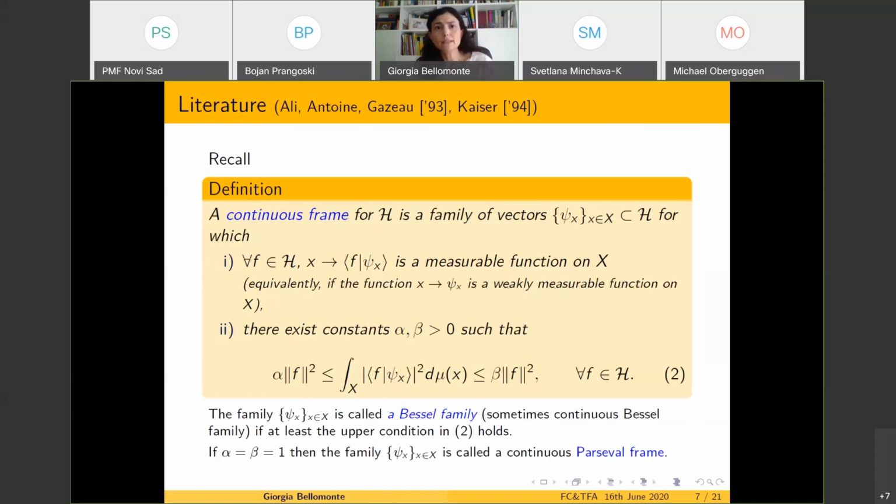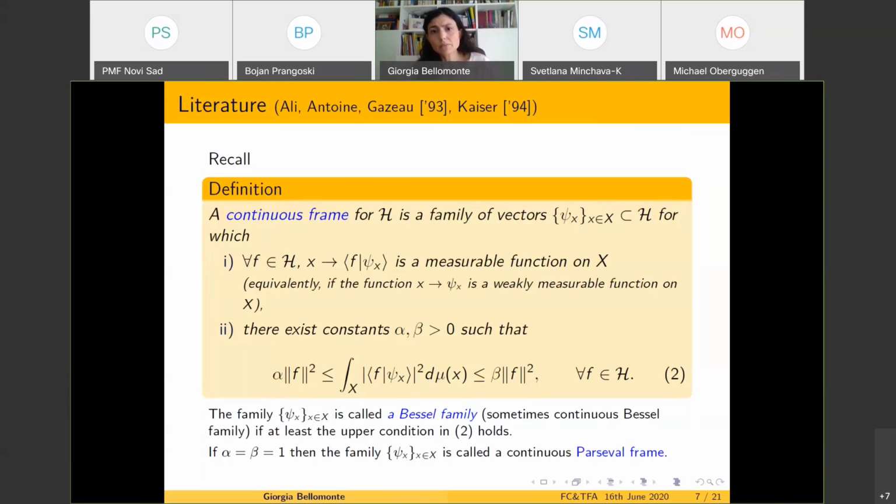Recall that in 1993, and then independently in 1994, Ali, Antoine, Gazeau and Kaiser defined a continuous frame for a Hilbert space.